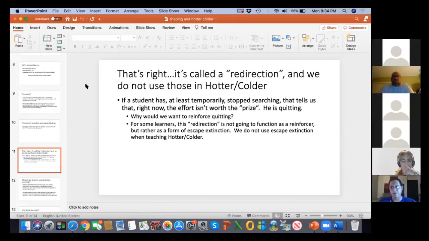If we were putting that in behavioral jargon, I would not use the word quitting. I would say, based upon the matching law, the relative effort required to find the prize is too great compared to the relative effort required to do something different than finding the prize. This is just basic English instead of behaviorese.